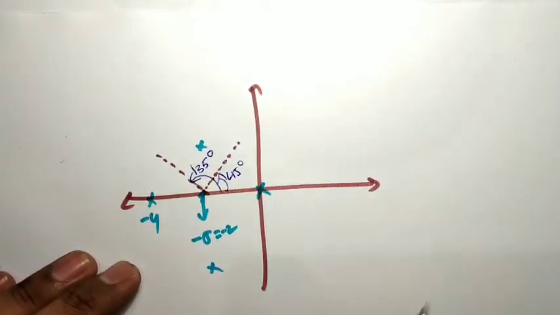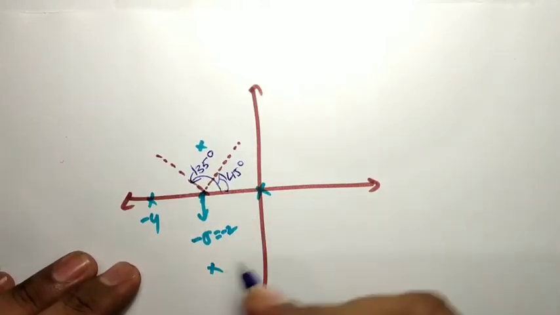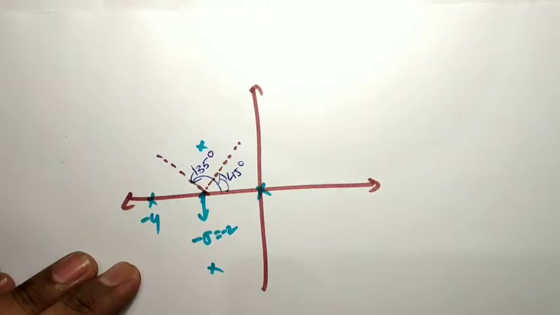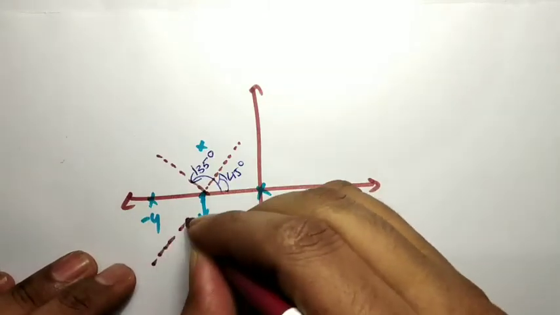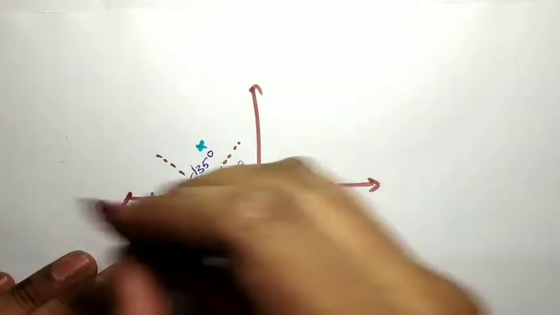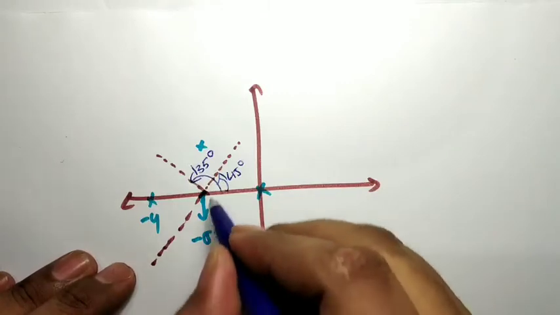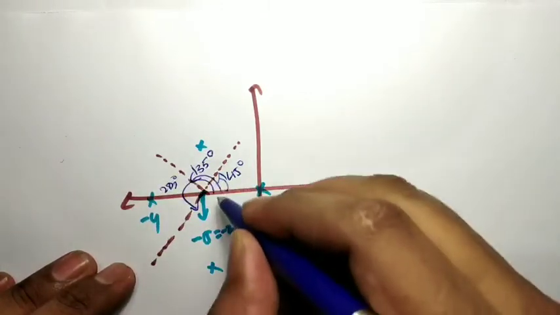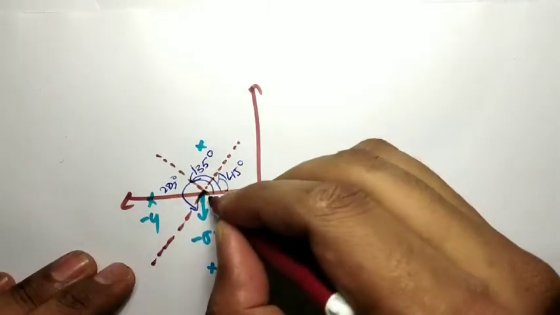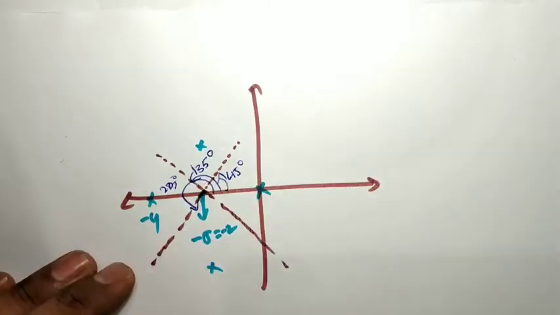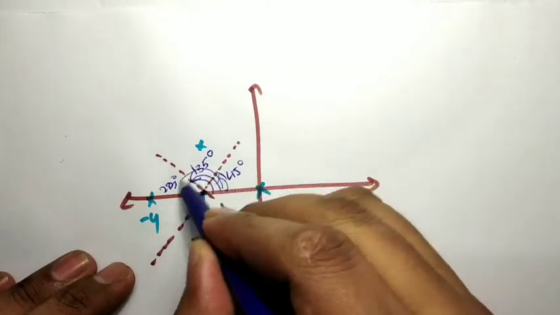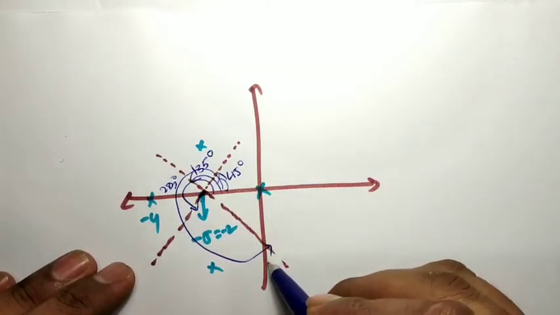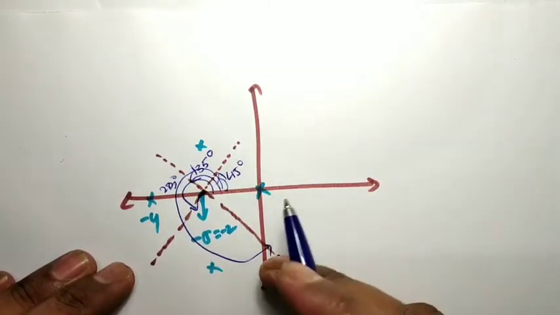The next is 225, so I'm going to draw this as 225 degrees, and another angle of 315 degrees.